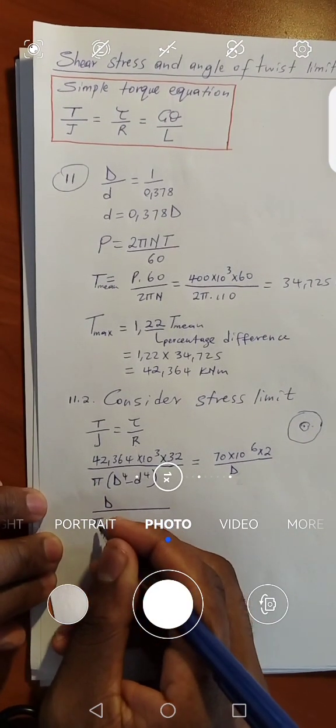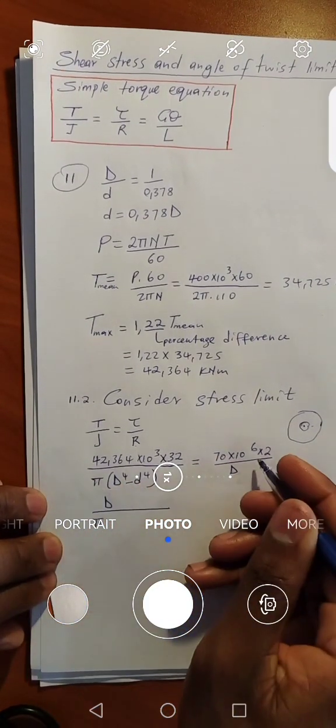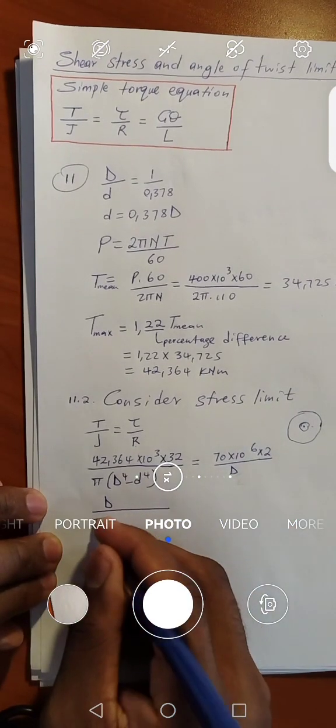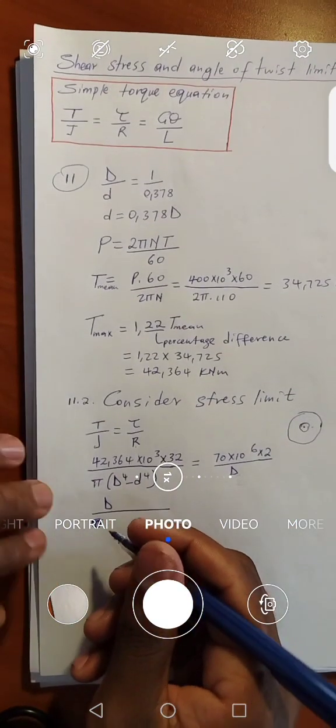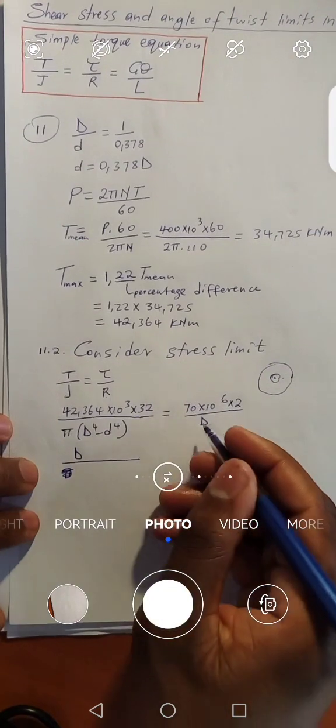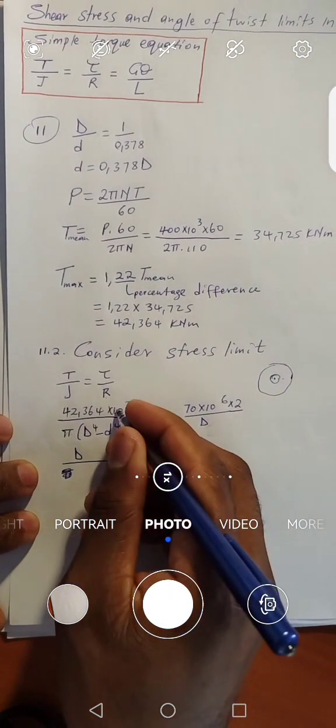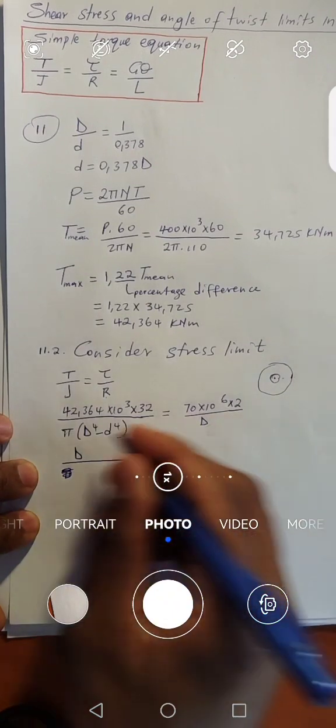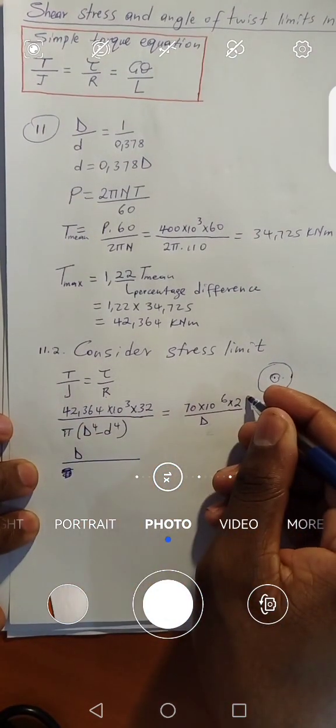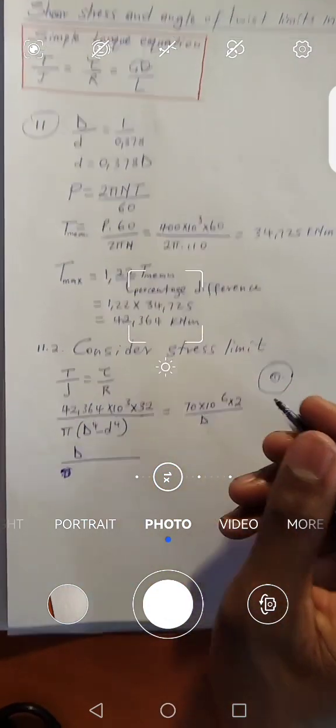I can even remove this pi. Just do it your own way. But I'm going to take this there, and then take this there. Then I cross multiply with this pi to there.